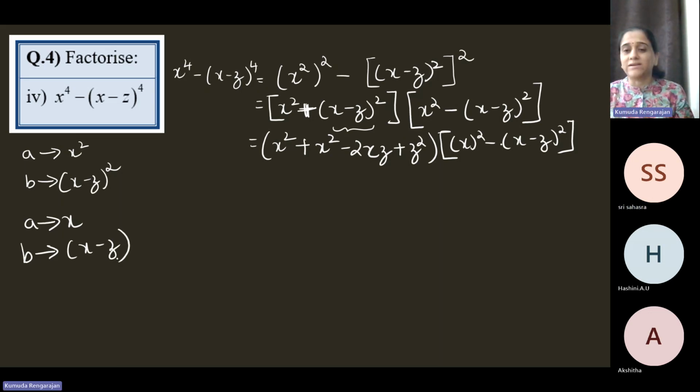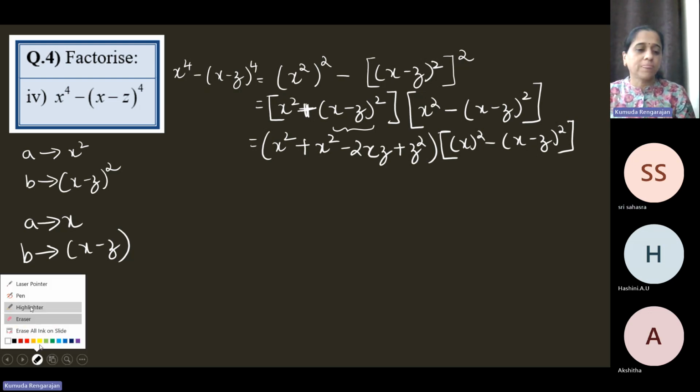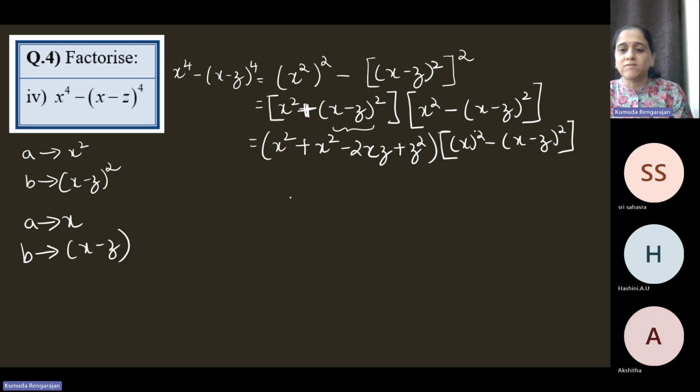Cover the square and the square. So this is a, this is b.